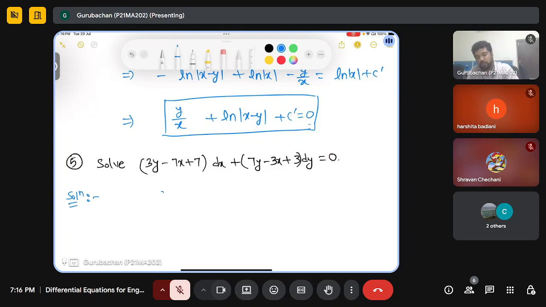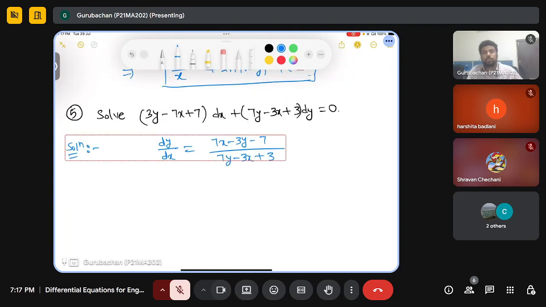Okay. First of all, let us write it into the simplified form. So we may write 7x minus 3y minus 7 is equal to 7y minus 3x plus 3. So this is a homogeneous type equation.